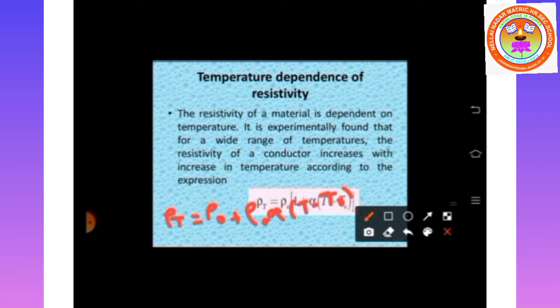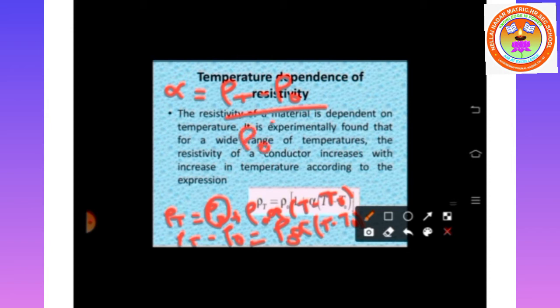So in the next step it can be written as rho T minus rho naught is equal to rho naught alpha into T minus T naught. So from this we can calculate alpha. Alpha is equal to rho T minus rho naught divided by rho naught into T minus T naught.